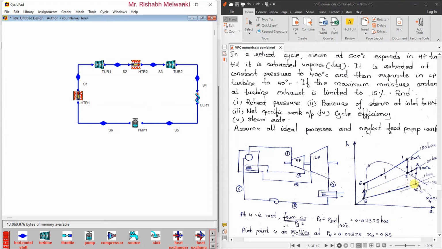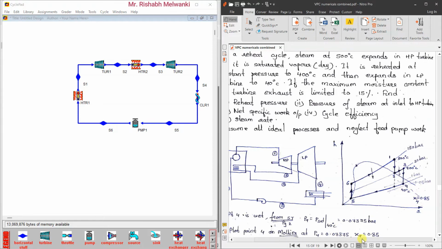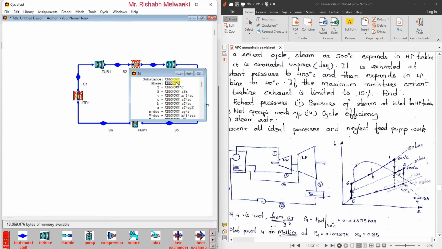Now for point number 4 we have two properties, that is temperature and dryness fraction. So we'll start with point number 4. I'll select point number 4, which is the exit of the LP turbine. So I'll click over here, I'll select substance as water, then phase, select a phase for S4. So gas is basically the superheated zone, liquid is basically subcooled liquid, and saturated is basically from here to this point.